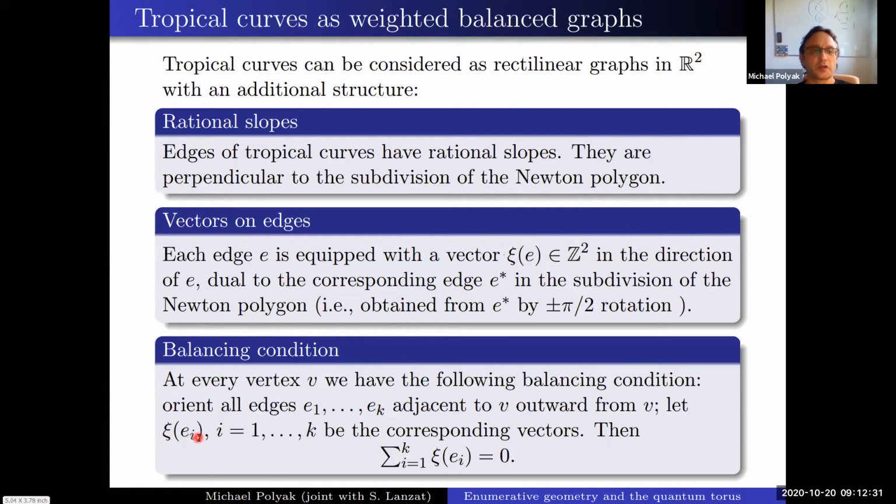So let's look at these vectors and sum them up, and then the sum should vanish. Right? So basically, you can forget everything about amoebas and the reason why these curves were introduced in the first place, and just look at them as some metric graphs with certain restrictions. Right?